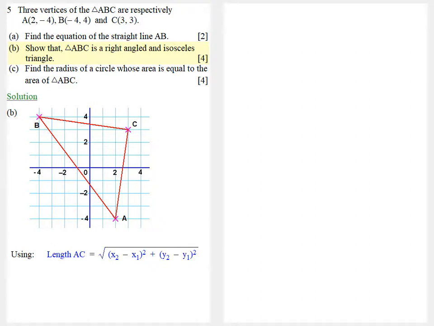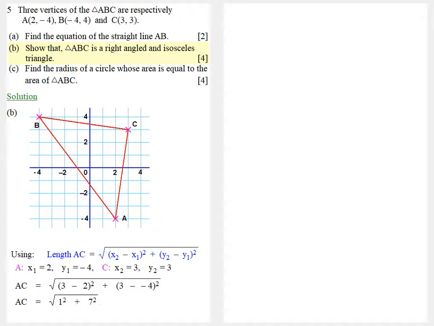For A, x1 is 2 and y1 is minus 4. For C, x2 is 3 and y2 is 3. So the length of AC is the square root of (3 minus 2) squared plus (3 minus minus 4) squared, which is the square root of 1 squared plus 7 squared, or the root of 1 plus 49, and so AC is the square root of 50.